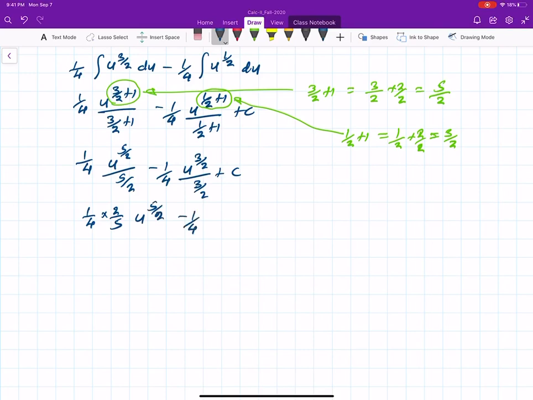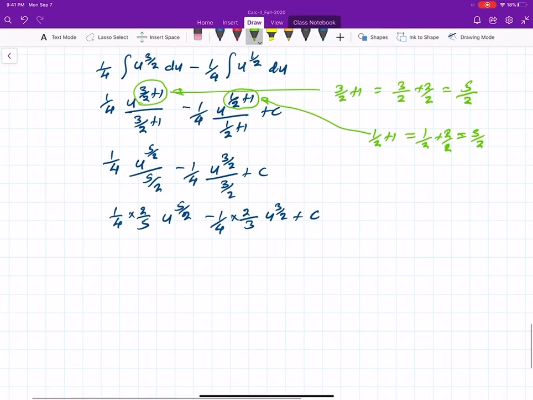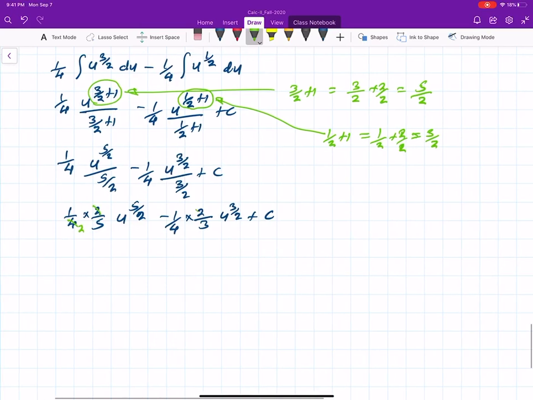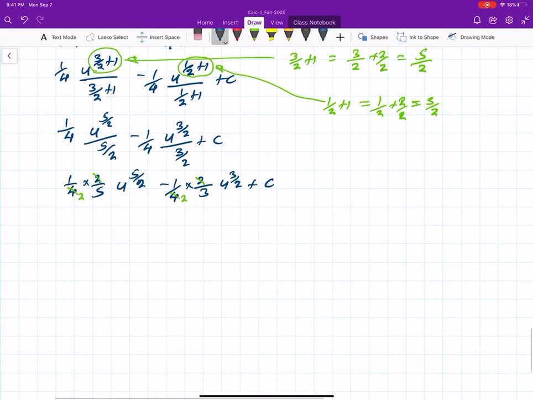Here same thing, 1 over 4 multiplied by 2 over 3 u to the power 3 over 2 plus c, and then you simplify. You can cancel this 4 with that 2, and then cancel this 2 with that 4. So you have 1 over 10 u to the power 5 over 2 minus 1 over 3 u to the power 3 over 2 plus c.